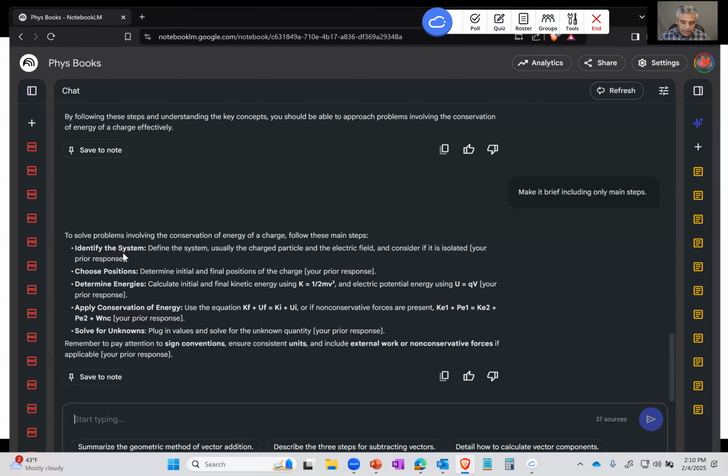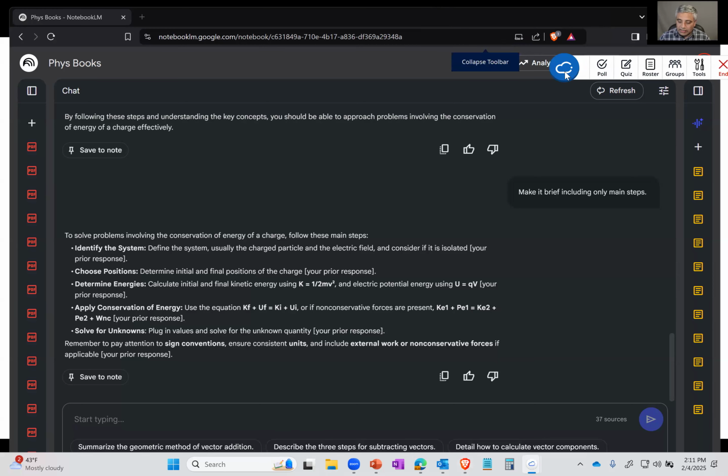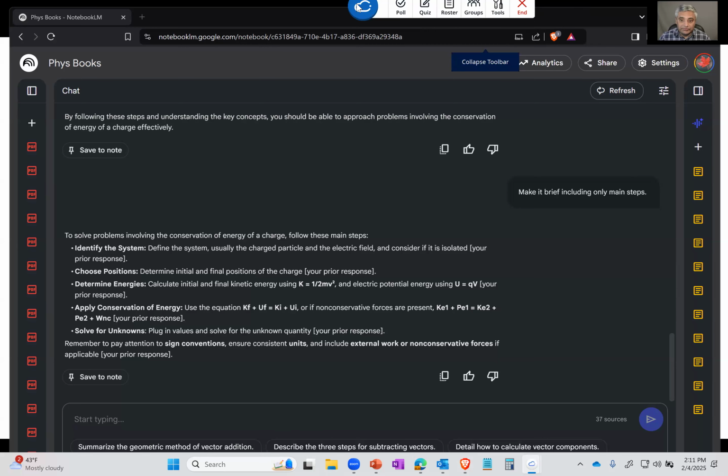You can see here: identify the system, choose the positions, determine the energies, apply the conservation of energy, and solve for the unknown. So now it has only those main steps rather than including all the details. Identify the system here means: energy of what, right? In this case, what is moving? It's the proton. Okay.